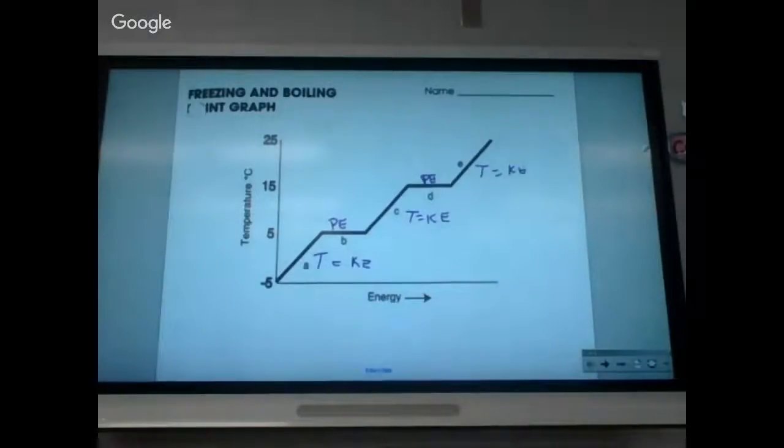B as in ball. On 4 through 6, why did you put A, C, and E if it's already a solid? Because the temperature is going up. It's a solid, but the temperature line is going up, so that means it's being heated.